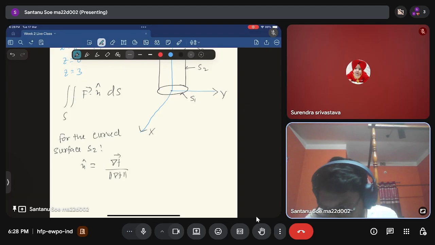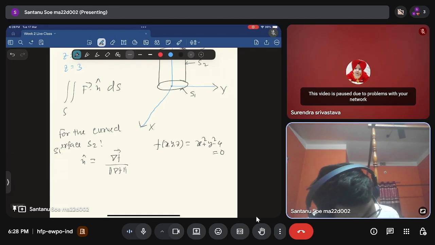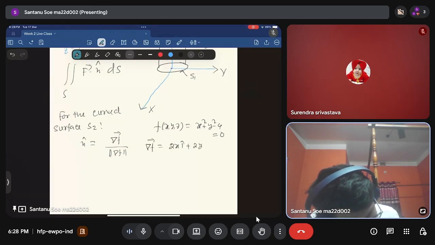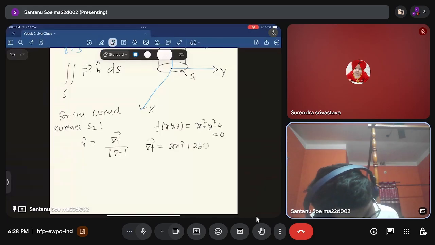Here f of xyz is x square plus y square minus 4 equals 0. So the gradient of f is 2x i cap plus 2y j cap.